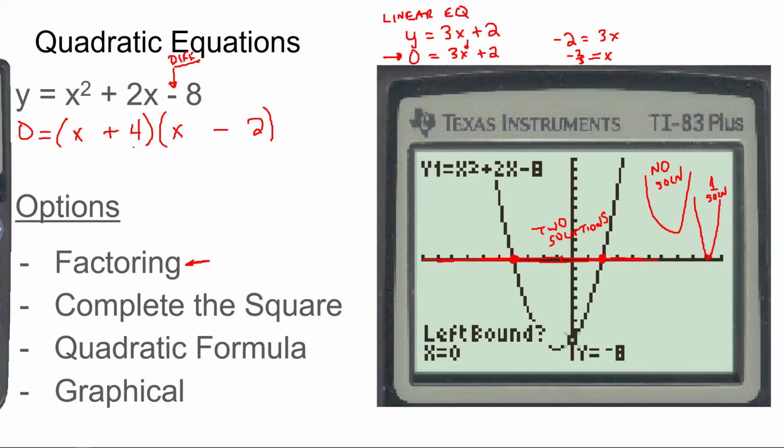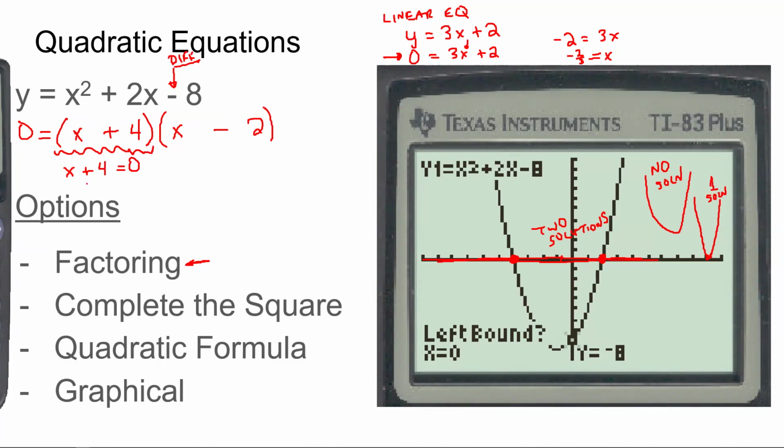I got x plus 4, and I'm multiplying that by x minus 2 together. They equal 0. When I multiply, I get 0. Now, the only way you can multiply and get 0 is if this one's 0 or that one's 0. Well, I guess both of them 0, but the trick here is to take this first thing and say, well, maybe this one's 0. And if that's the case, it would look like this.